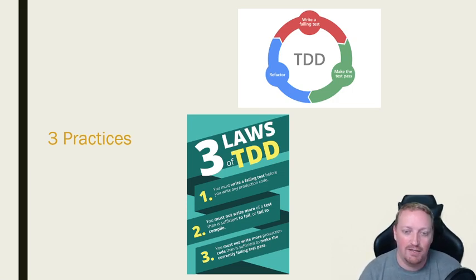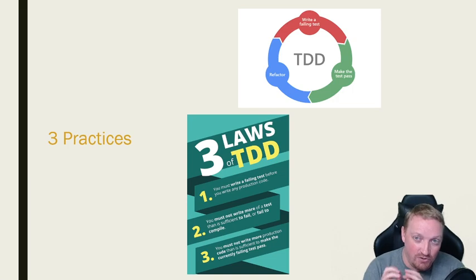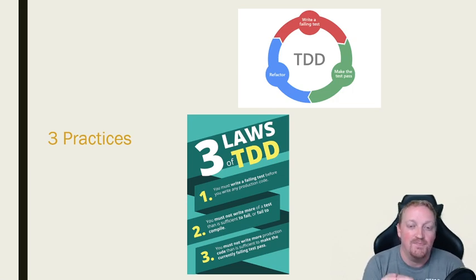The second law is you must not write more of a test than is sufficient to fail. And failing to compile is a failing test. So you can only go so far in writing your test as to cause it to fail. Even if it's failing to compile, that is enough for you to say that it is failing, and you can't go further. You can't continue writing the test.